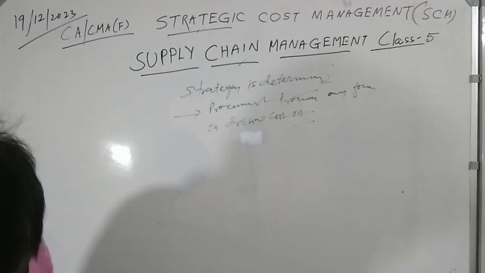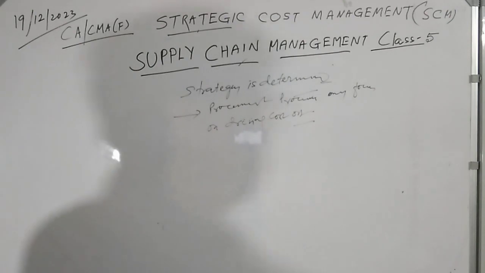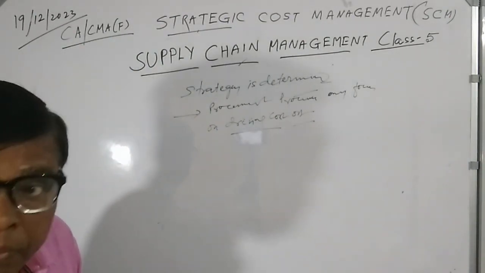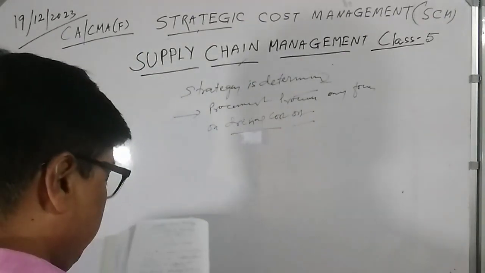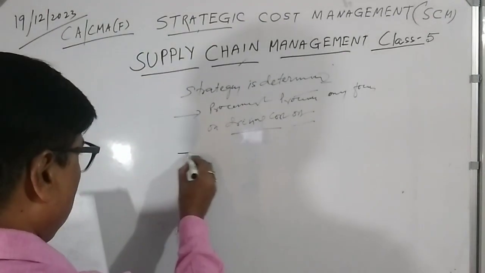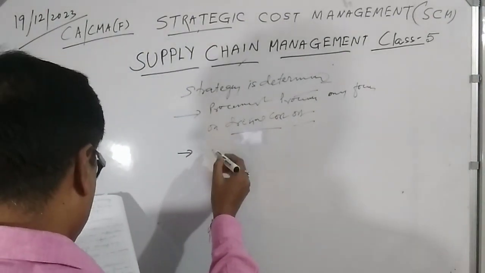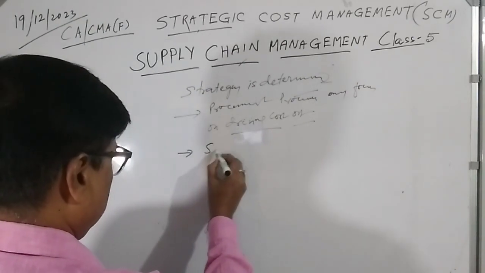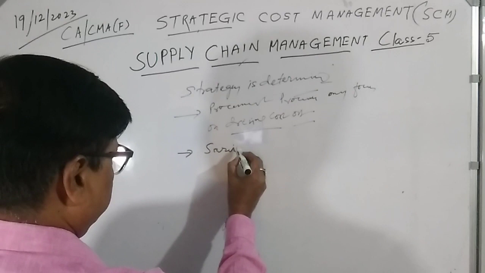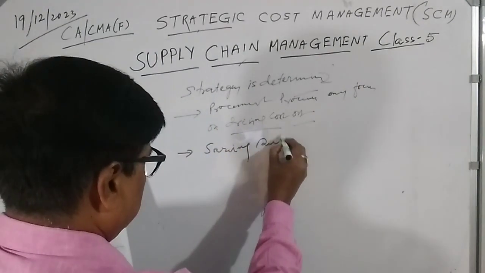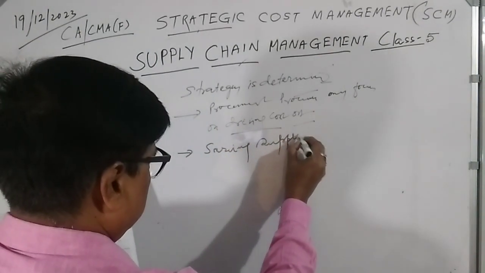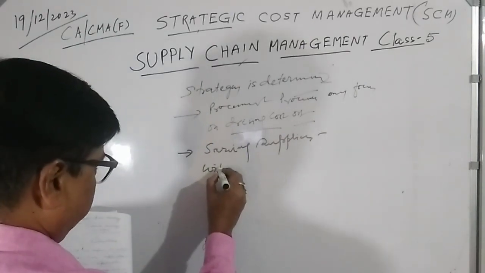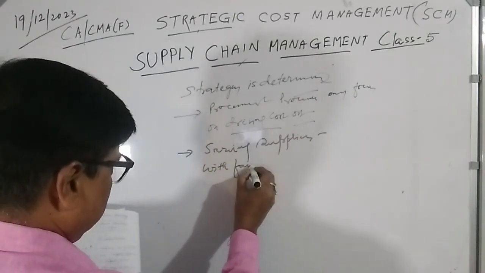You see how this procurement process is driving cost out. In what way will it drive cost out for these things? You have to understand the sourcing of supplies with favorable terms.